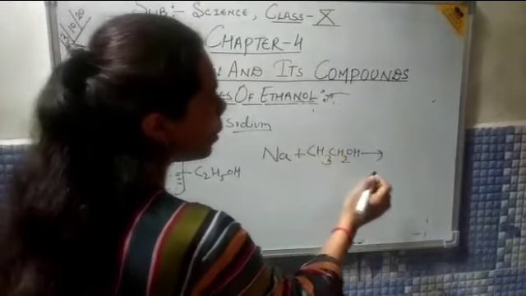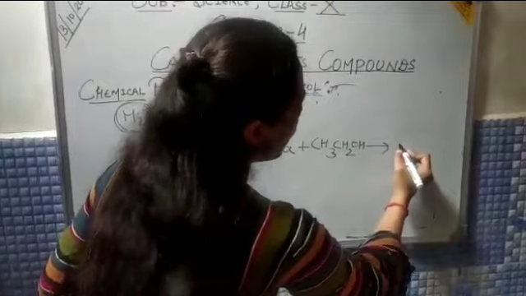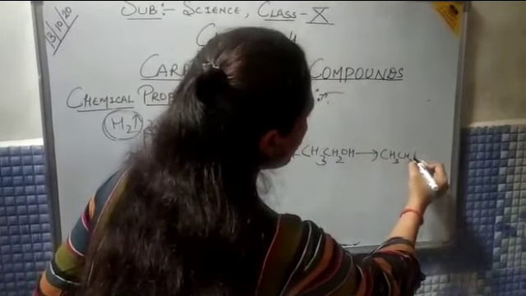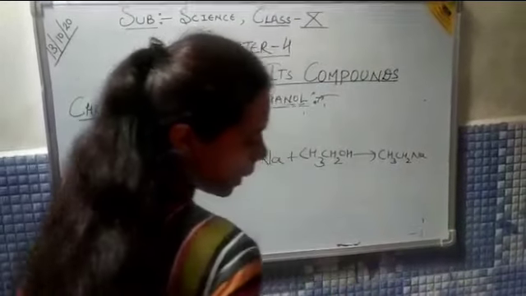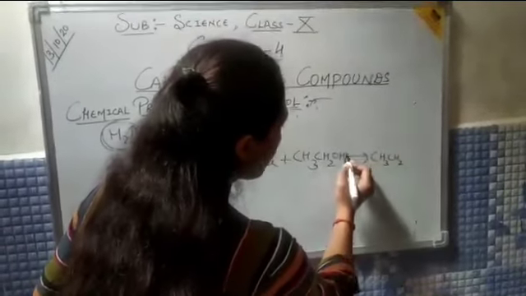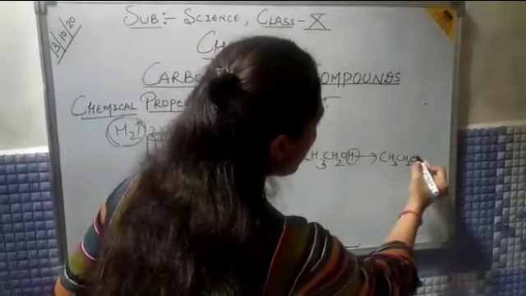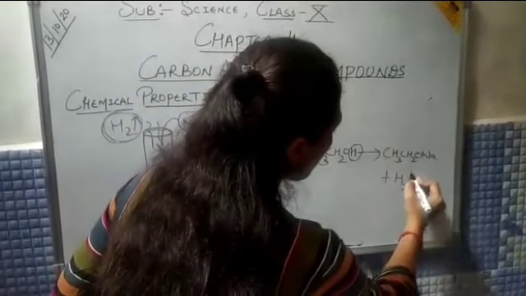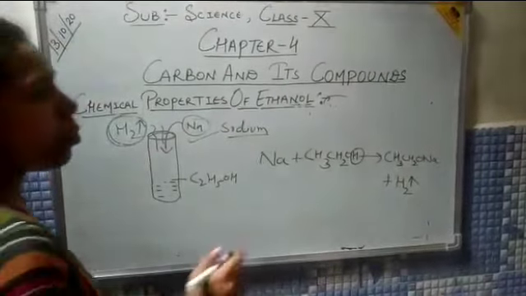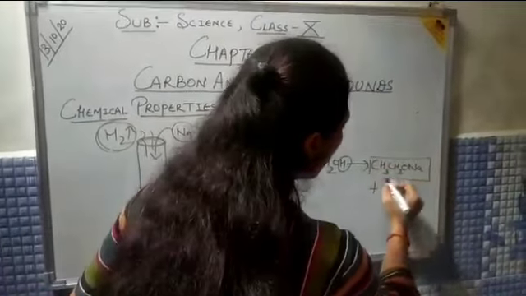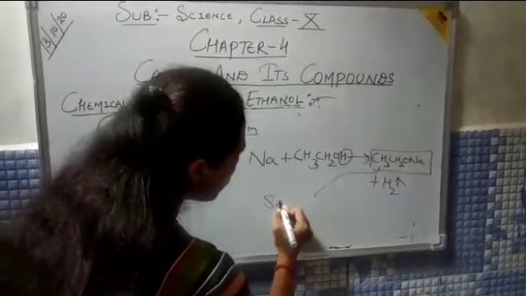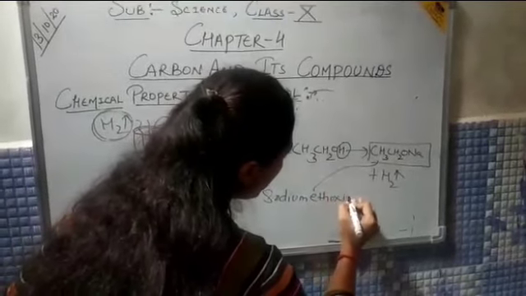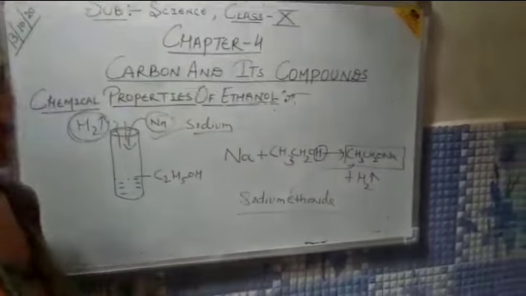Sodium will add here, then it will form CH3CH2ONa. Hydrogen will be replaced from here in the form of gas. So the product is called sodium ethyl oxide.